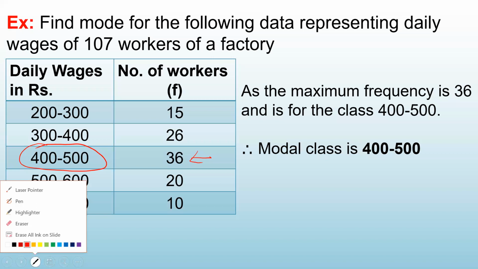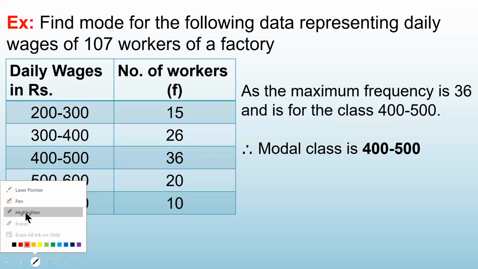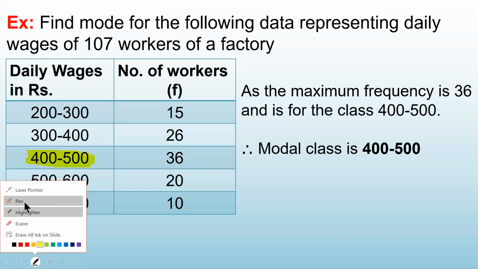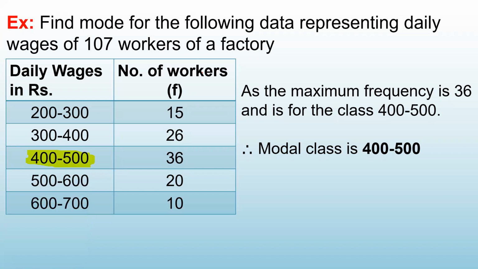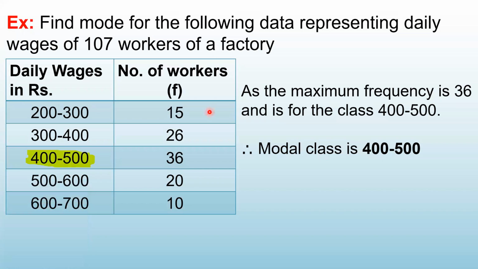You understood? So what we do? Let us highlight it. So this is the modal class. Okay, 400 to 500. How to find out the modal class once again? Look at the frequency column. हमको क्या करना है, फ्रीक्वेंसी के कॉलम में देखना है जिस क्लास का फ्रीक्वेंसी सबसे ज्यादा है.